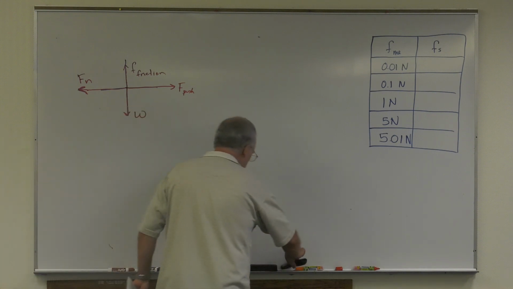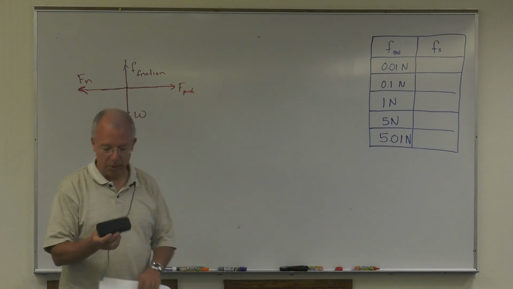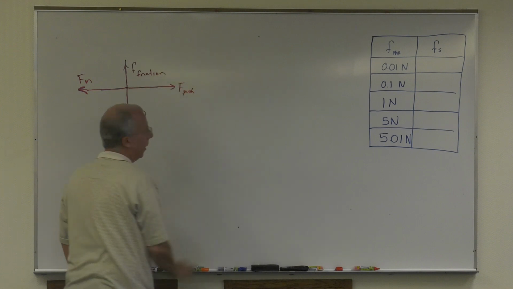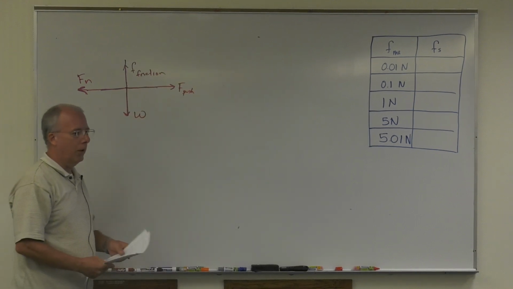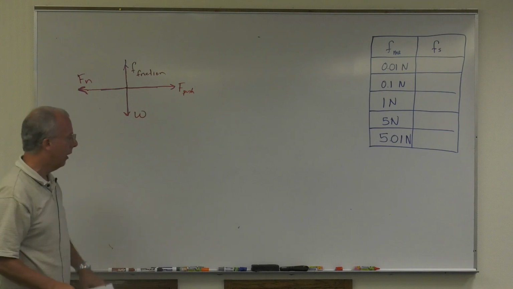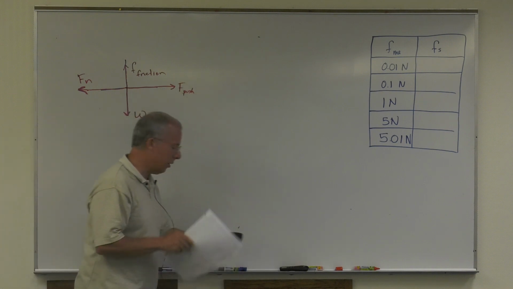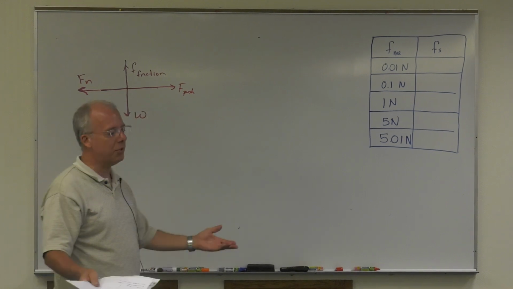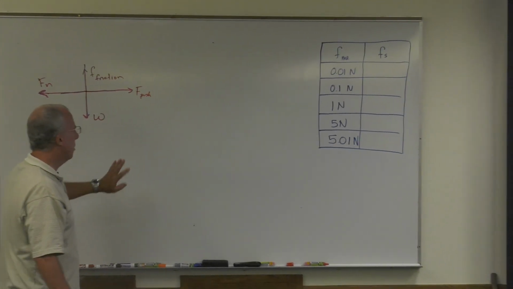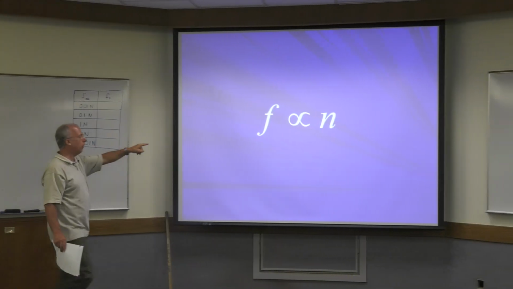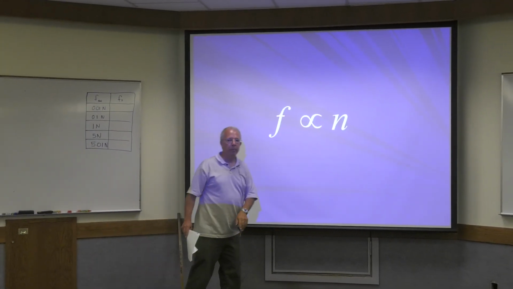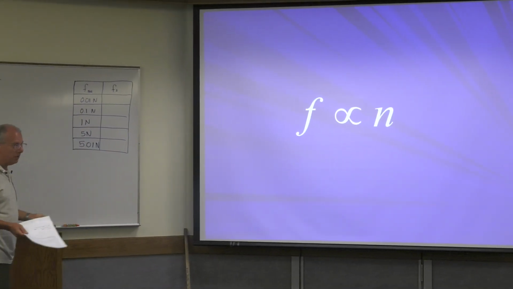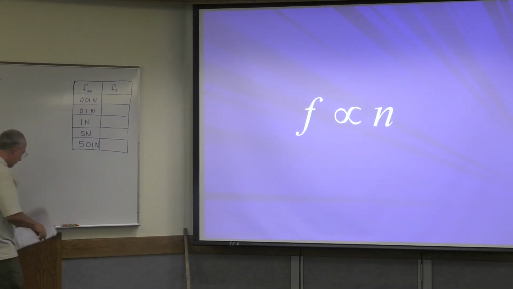Now, let's say that pretend this is an ice cube, and pretend this is a big chunk of ice. Compare that to this being sandpaper, and this being sandpaper. Do you think there'd be a difference in the frictional force? Well, of course there would, right? So this is true: the frictional force is proportional to the normal force, but it also depends on the properties of the surfaces.